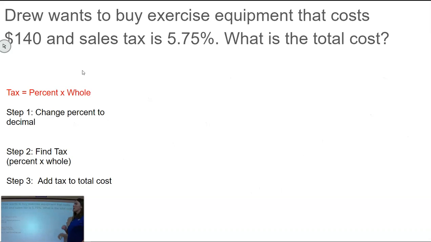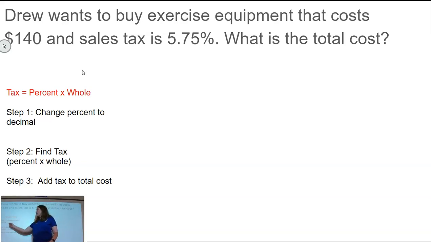All right, so let's go on to an example. Drew wants to buy exercise equipment that costs $140, and the sales tax is 5.75%. What is the total cost? Remember, tax equals the percent times the whole.